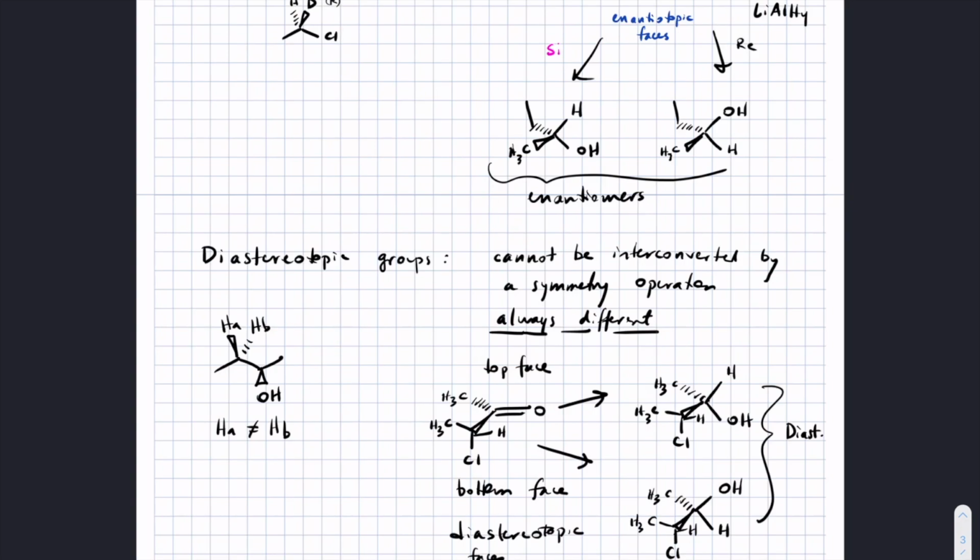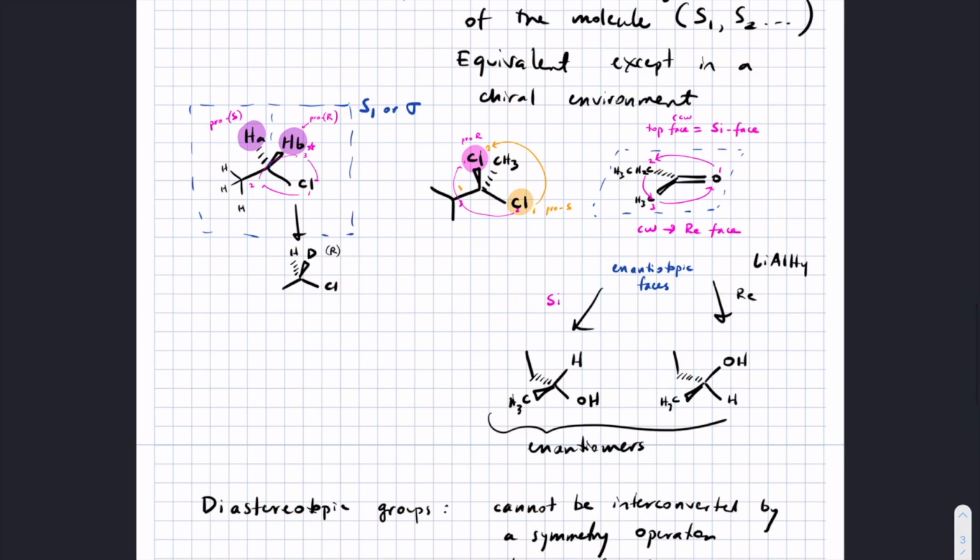If you want to do what's called asymmetric induction, that is, if you want to do a reaction that favors one enantiomer over the other, and your product and your starting material is not chiral, you want to distinguish between two enantiotopic groups, you're going to have to use a chiral reagent, right? So there are examples of this, and these are the reactions that are considered to be most useful.